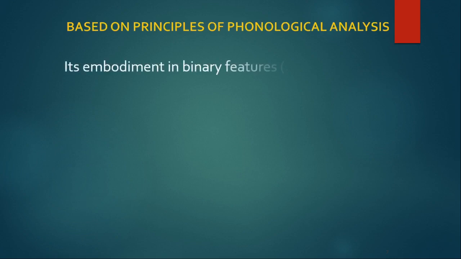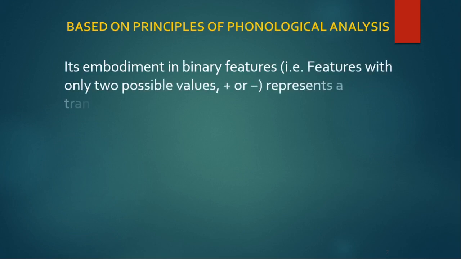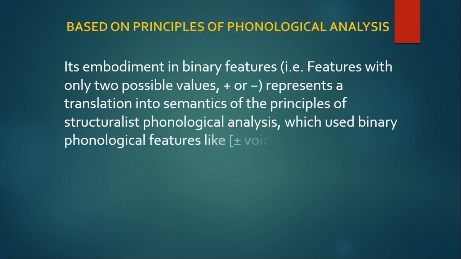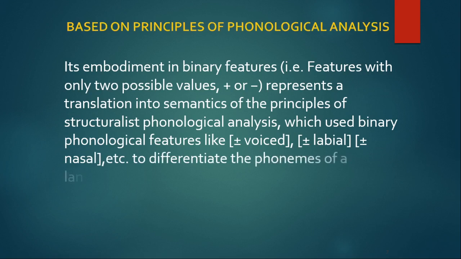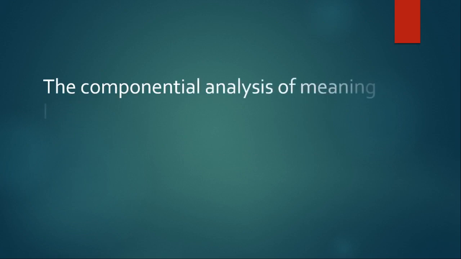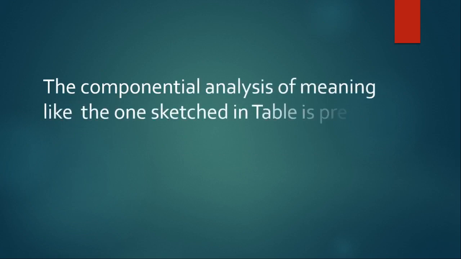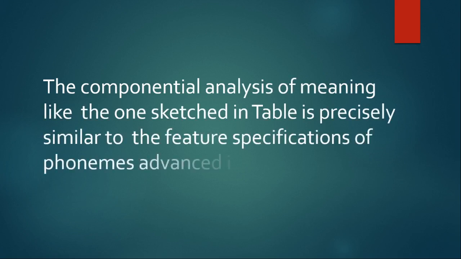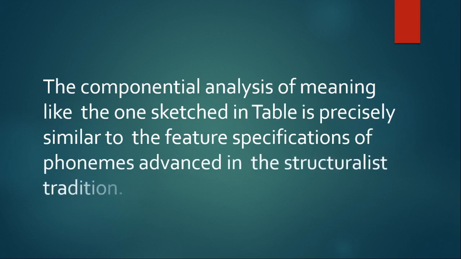Its embodiment in binary features, with only two possible values, represents a translation into semantics of the principles of structuralist phonological analysis, which used binary phonological features like plus voiced, plus labial, plus nasal, minus nasal, etc., to differentiate the phonemes of a language. The componential analysis of meaning, like the one sketched in the table, is precisely similar to the feature specification of phonemes advanced in the structuralist tradition.